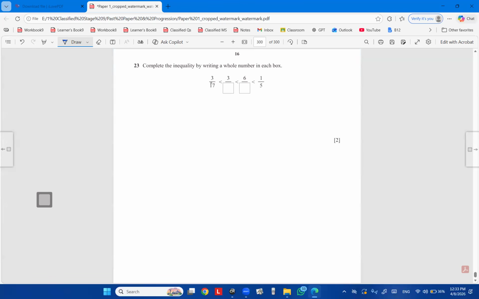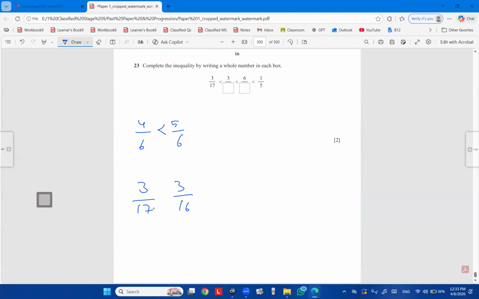The last question over here, 3 over 17. We got here a fraction that is greater than it. Let's agree on one thing. If the denominators are the same, like if I have over 6 and over 6, if this is 4 and this is 5, we know that this is greater, right? But the opposite happens if the numerators are the same. If I write here 17 and here 16, which fraction is greater?